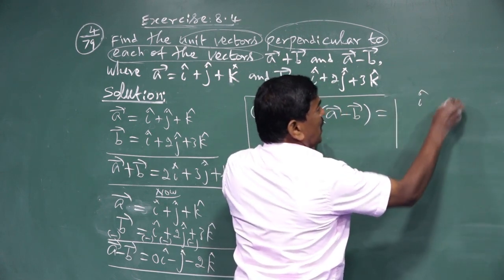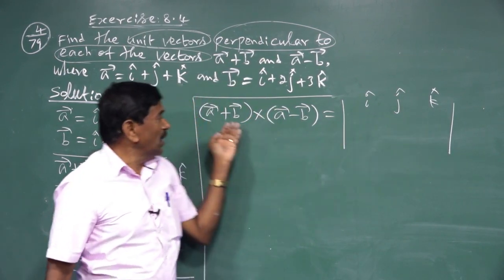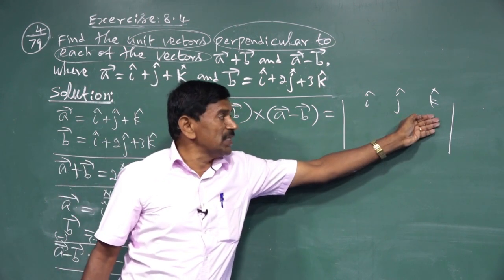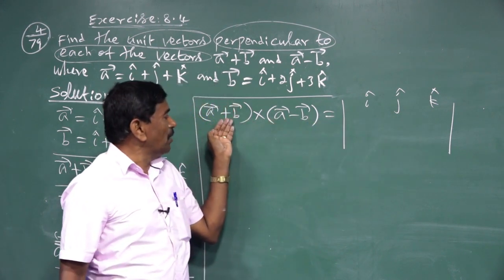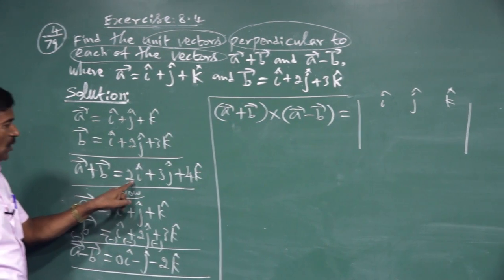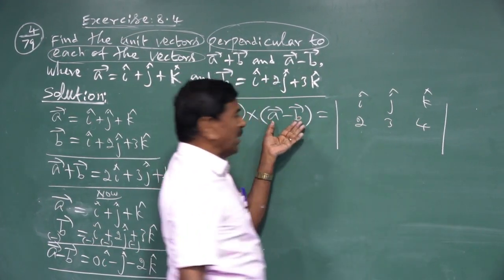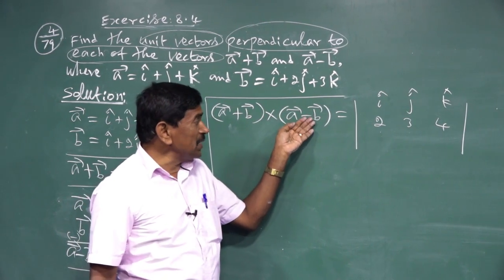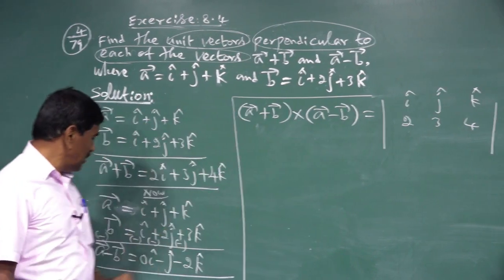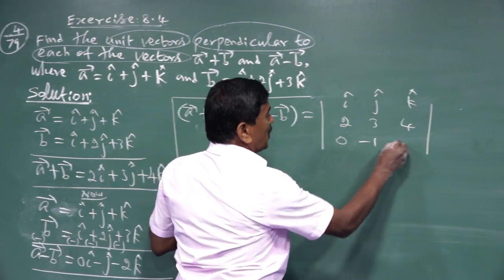What is the second row? Here A plus B first, so A vector plus B vector coefficients are in the second row: 2, 3, 4. Now A minus B, second, so A minus B coefficients are in the third row: 0, minus 1, minus 2.